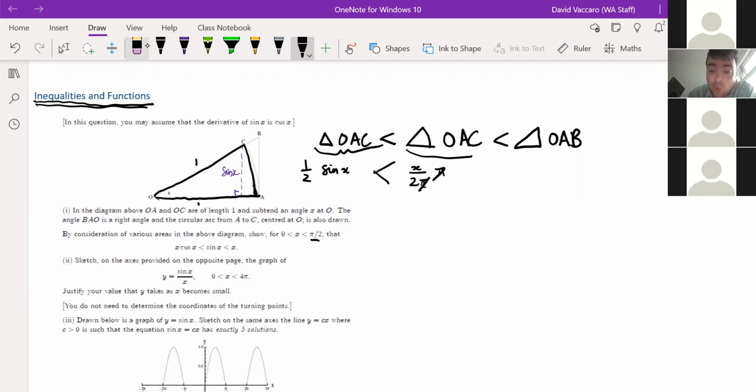And finally, what's the area of the right-angled triangle OAB? It's a right-angled triangle, so we need to find the height, AB, and put some suggestions into the chat.